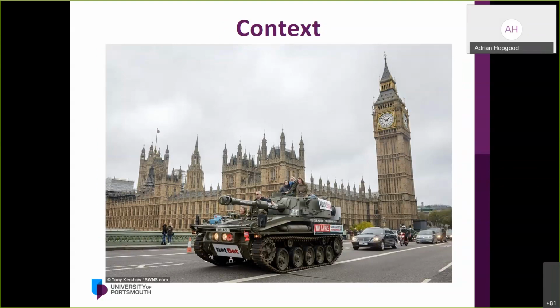This appears to be some sort of publicity stunt, actually, with civilians on top of it, and it's going past the Houses of Parliament in London. So if you're building a system that recognises tanks, you've got an extra layer of challenge there to actually layer some context on what's being interpreted.